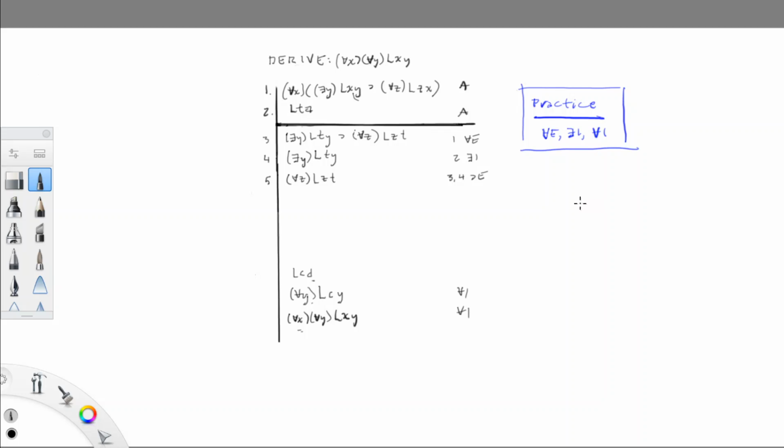Okay, so what we see here is that this name T, which was in the first position following the two-place predicate L, is now in the second position. So we've moved this T down. And that's just because when we instantiated line 1 to the name T, we got this conditional.